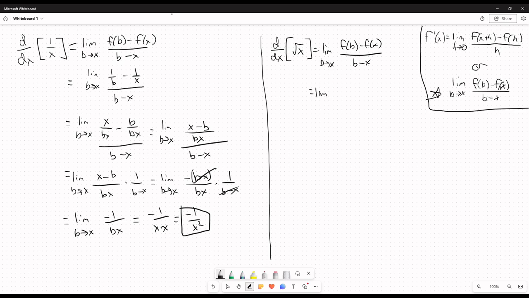That's going to be the limit as b goes to x of square root of b minus square root of x over b minus x. This is where we want to multiply by the conjugate to clear our square roots. At least clear the square roots in the numerator, because that's where we have our problem.